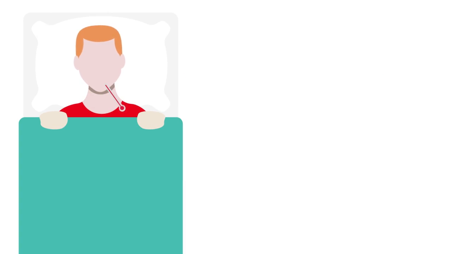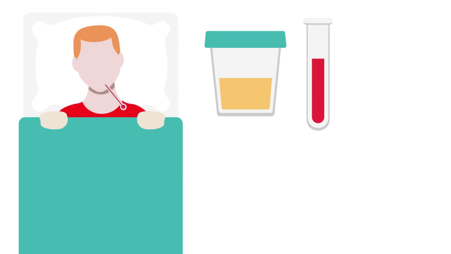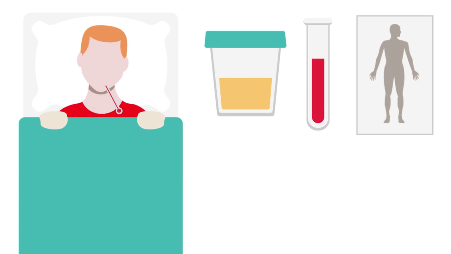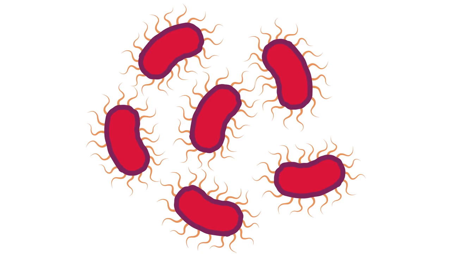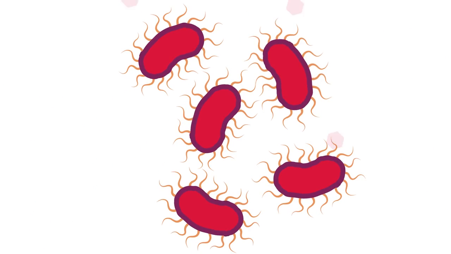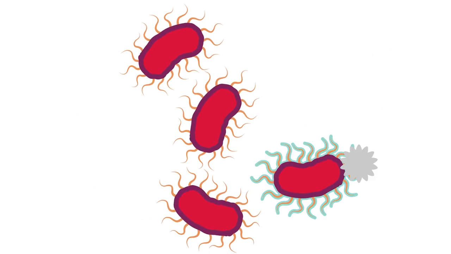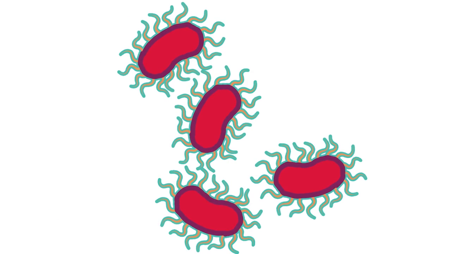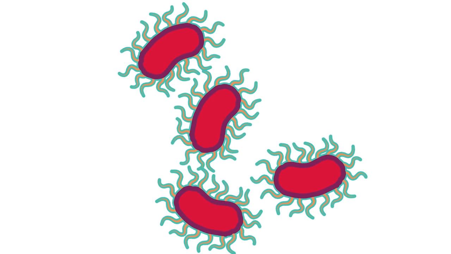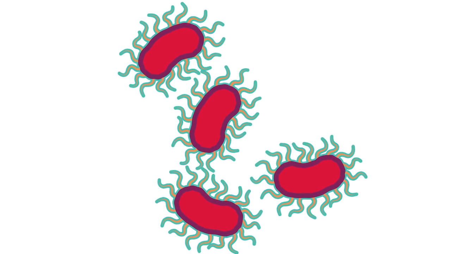Methods to assess whether a person has an infection include urine and blood testing and general clinical differential examination. The infection is then usually treated with drugs, such as antibiotics. Frequent use of antibiotics, however, comes with the risk of creating antibiotic-resistant bacteria. Resistant bacteria pose a severe threat to our ability to treat infections.